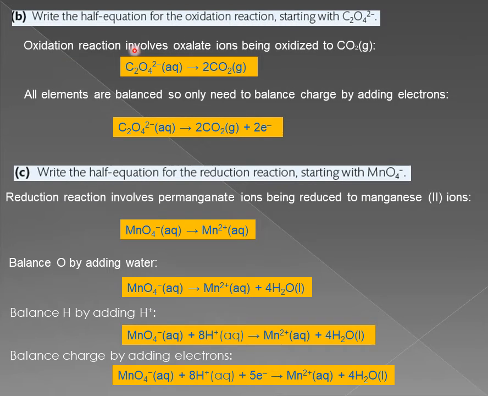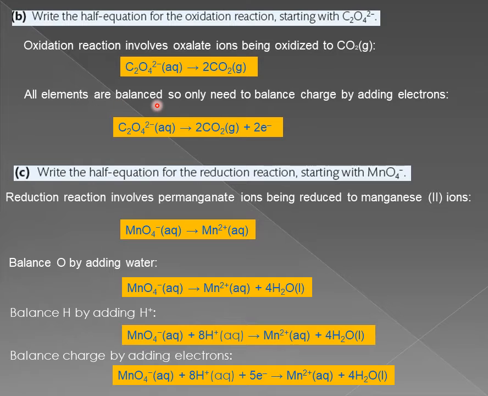Next question. Write the half equation for the oxidation reaction starting with oxalate. So here oxalate gives carbon dioxide. So this is the oxidation reaction. So oxalate ions being oxidized to carbon dioxide.